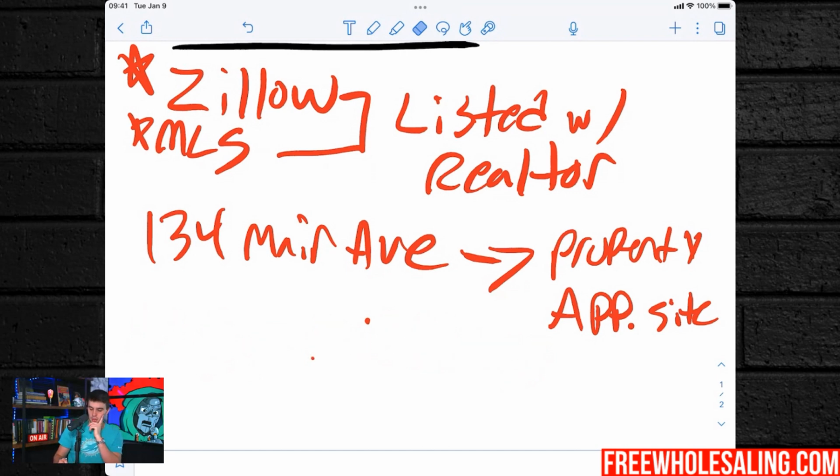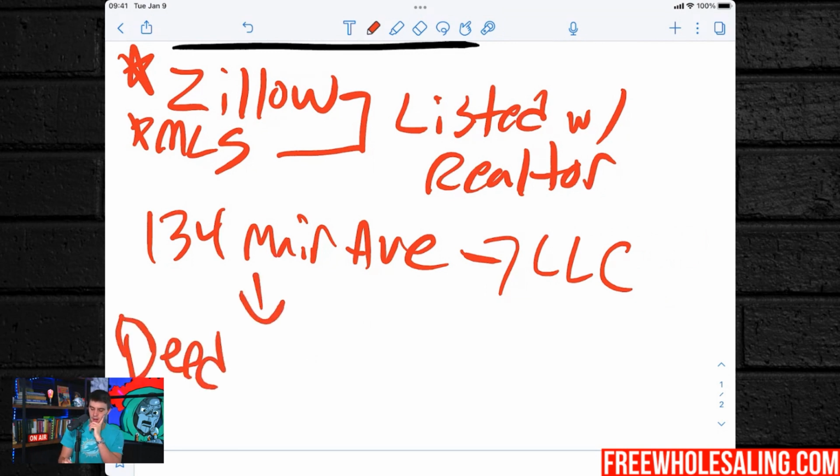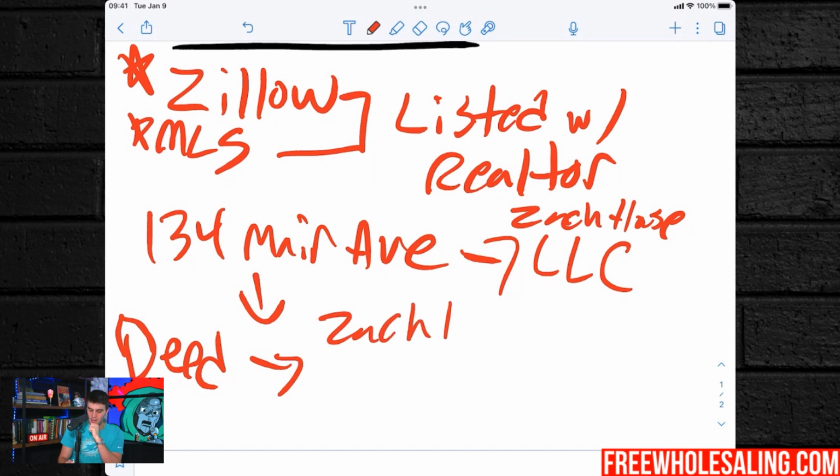Also, here's another really cool hack. If I find 123 Main Avenue and it just goes to an LLC, I'm going to look up the deed to the house. The deed is going to say, I'll call it, Zach House LLC is the buyer.